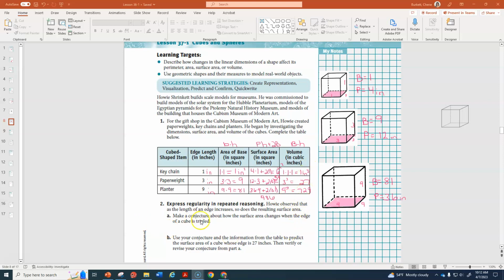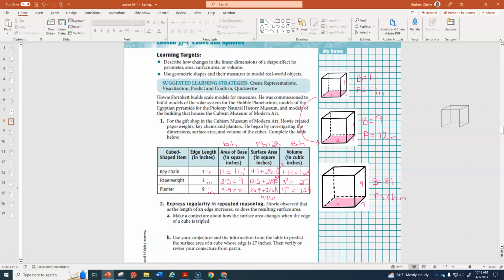And now it says conjecture. You know what conjecture means? It means we're going to make an observation, and then we're going to guess about that observation to see if we can discover a rule. Make a conjecture about how the surface area changes when the edge of the cube is tripled. So I'm going from this to this.